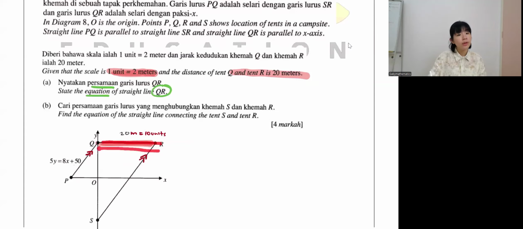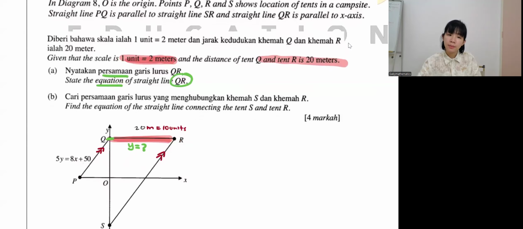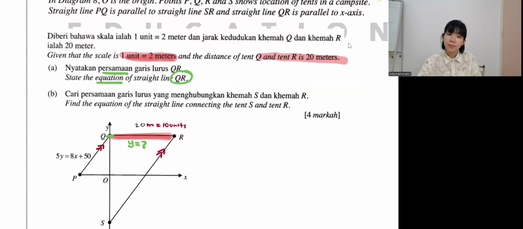It touches the y-axis only, so the equation is definitely y equals something. What is the something? What is the number at Q? If you know the number, then you can write the equation.